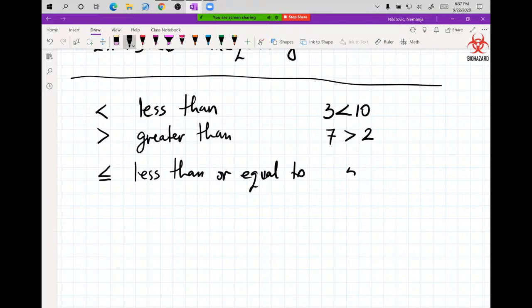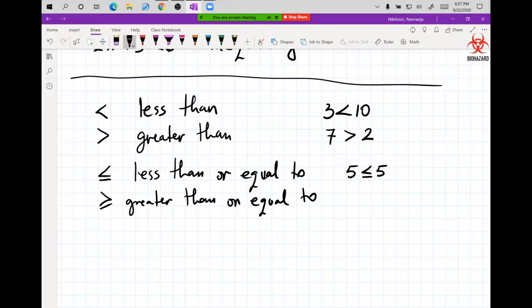You can actually use this to say 5 is less than or equal to 5, because 5 is equal to 5, and that's okay. The equal sign is part of this one. And we also have greater than or equal to, which would be, let's say, 10 is greater than or equal to 8, for instance.